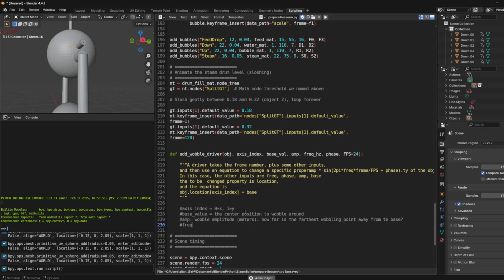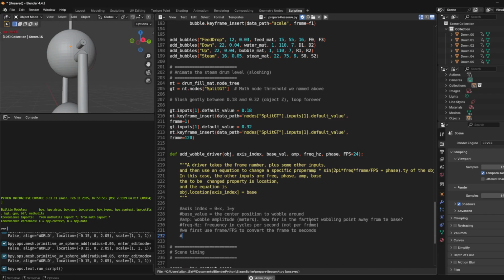Frequency is frequency in cycles per second, not per frame, per second. You may be wondering about cycles per frame. Well, you'll find out. We first use frame divided by FPS to convert the frame to seconds.